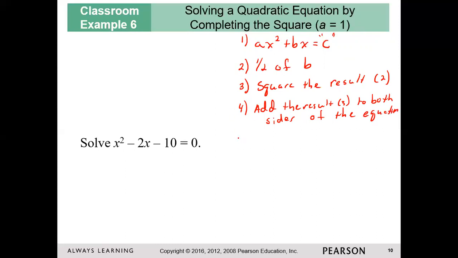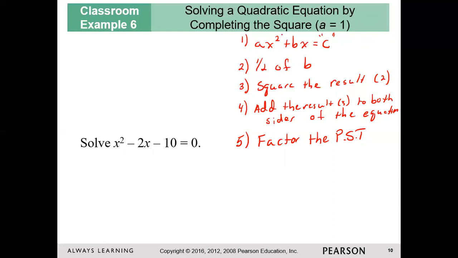All right, step 5, once we do that, we are going to factor the perfect square trinomial. All right, we're going to factor the perfect square trinomial that we created.